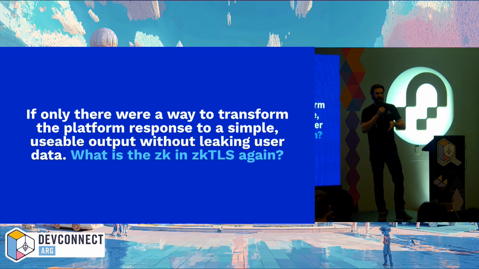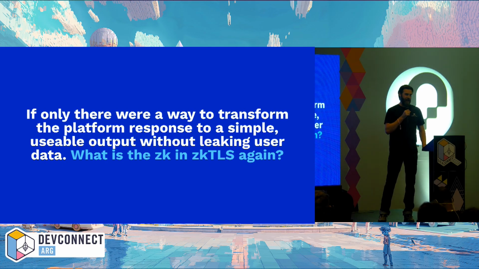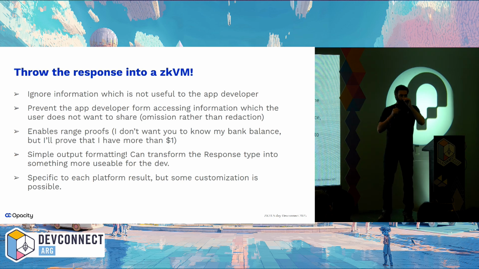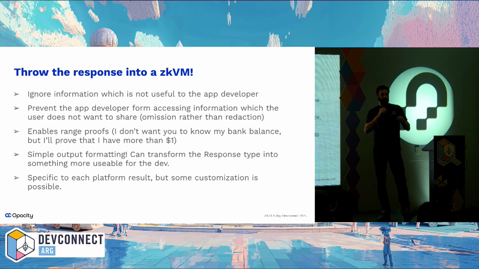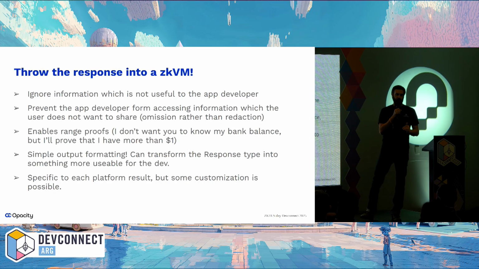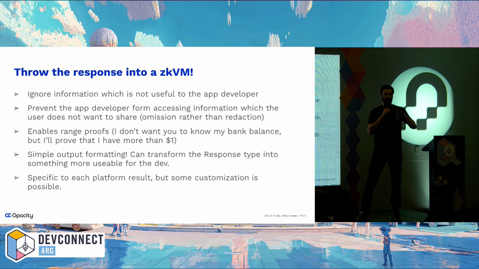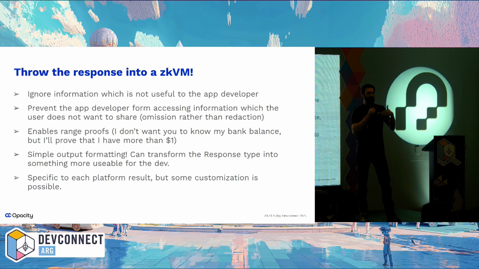But here I'm specifically talking about adding a ZK VM to process the response. So you have a hash commitment on the original response. You can put some transforms into the ZK VM so that we can omit all of the unnecessary data.